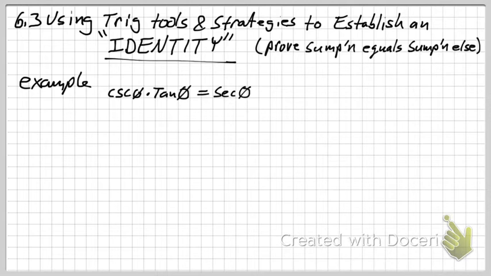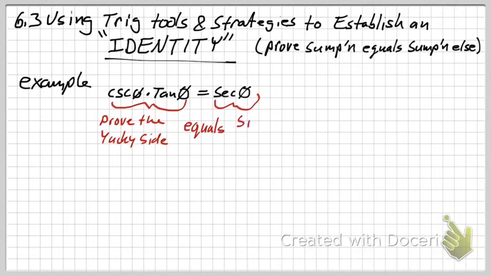And the strategy that I typically use is I like to start with the yucky side, the complicated side, and simplify it or show that it simplifies to this guy. Now, it is possible to do the proof the other way. I can take the right side of the equation and expand it and show that it equals the left side.